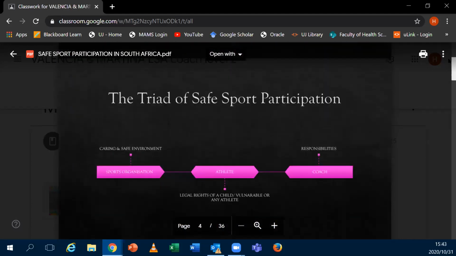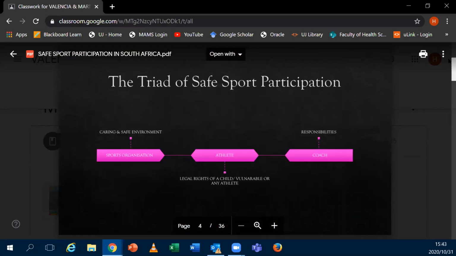Okay, so the triad of safe sport involves the federation, the coach, and then the athlete. So it's up to the sports organization to create a safe and caring environment. The coach has a responsibility to create a safe and caring environment and ensure that the legal rights of the child or any athlete or any vulnerable person are protected, that you have provided a safe space for athletes when they come into training.